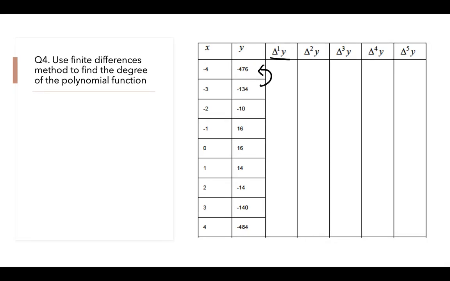You're going to do negative 134 minus negative 476. That will give me 342.